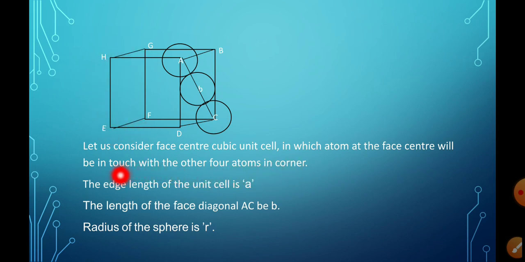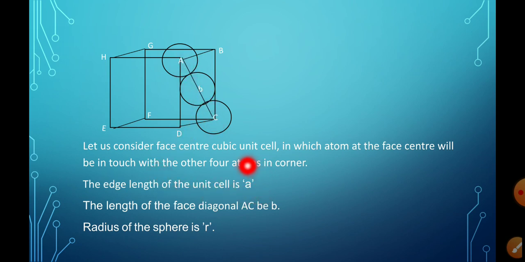So this is the one consideration. The next consideration is the length of the face diagonal. I draw one diagonal on face A, B, C, D, which is AC. This is the face diagonal AC. Length of AC is equal to b.